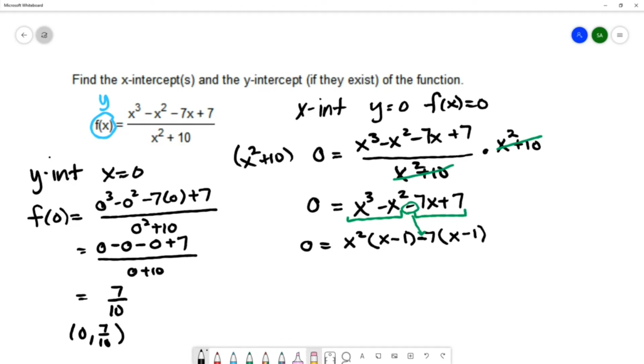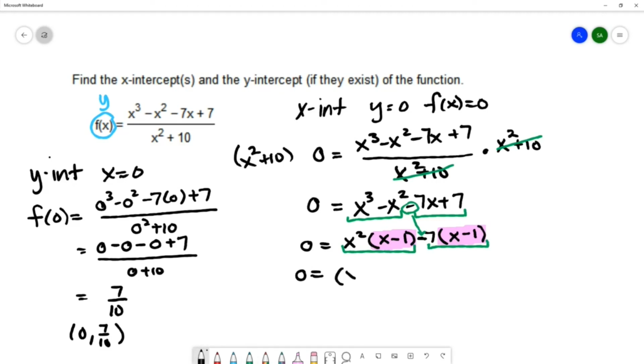If this grouping method is going to work properly, you need what's in these parentheses to match each other. And if they match each other, you can now consider that to be the greatest common factor of this term and this term. You now have two terms, and they have this common x minus 1.